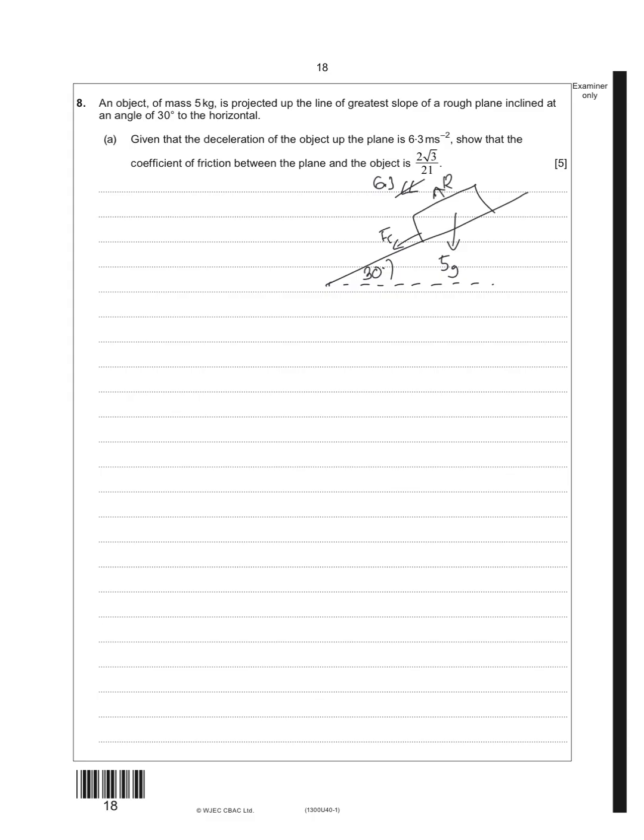As before with your decomposing, you may want to consider these two directions, so parallel to the slope and perpendicular to the slope. Hopefully you all remember from your lessons that this angle here is the same as this angle here, so that is also 30. In any question with friction, my piece of advice would be find an expression for friction first if you can. And to find friction, you're going to need to find R. So we're going to resolve perpendicular to the plane.